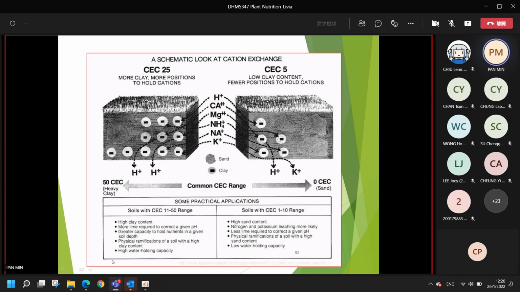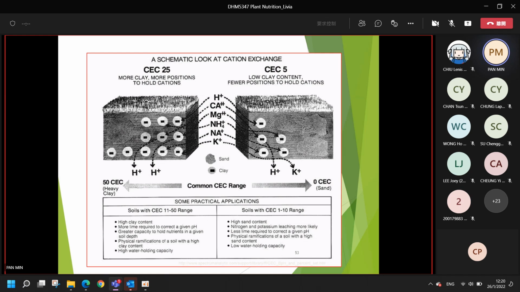And here you can see that soil with a high CEC range has a high clay content, and in this situation it has a bigger buffer for pH change.